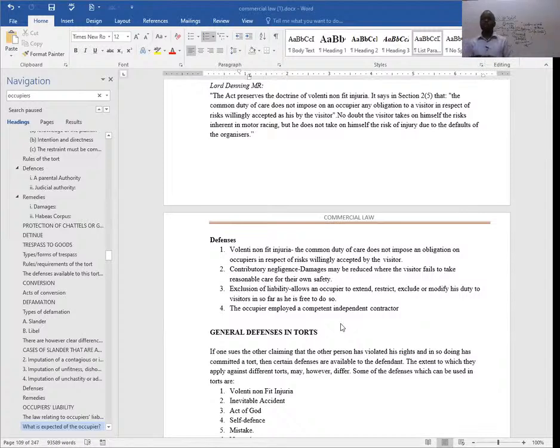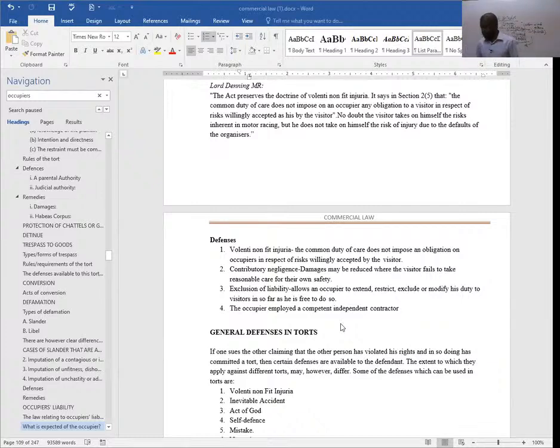So the supermarket won't be held responsible because of this principle. This customer voluntarily accepted the risk that the floor is very slippery, and he still went ahead and entered the supermarket to carry out the shopping. So if he accuses this supermarket of occupier's liability, they can defend themselves by stating the customer voluntarily accepted the risk.